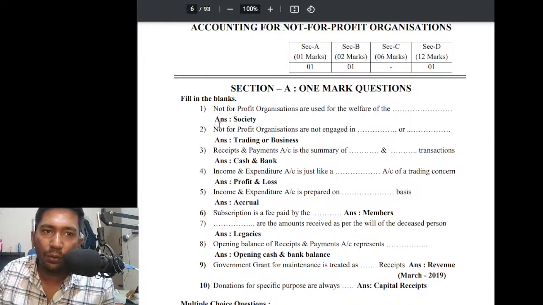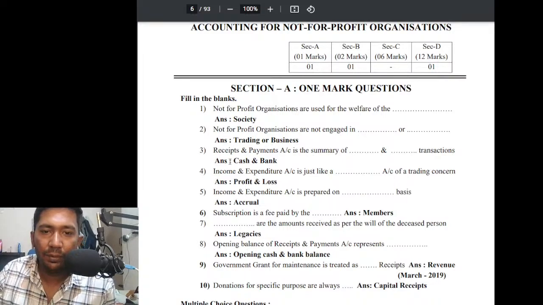So they are established for helping the society as a whole. Not-for-profit organizations are not engaged in trading or business. They don't do trading, they don't do business. They will just concentrate on giving service to the people. Selfless service without any profit.